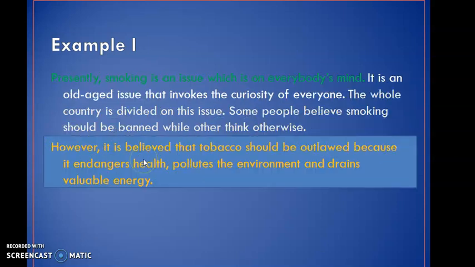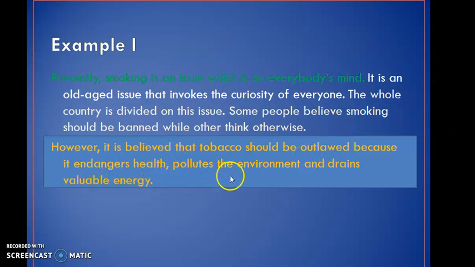Alright, let's take a look at the first example just now. However, it is believed that tobacco should be outlawed because it endangers health, pollutes the environment, and drains valuable energy. You see, just like the thesis statement on Rome, this thesis statement also gives the main idea of the entire essay. What is the main idea? It talks about tobacco and why it should be outlawed. How many reasons are there? Three.